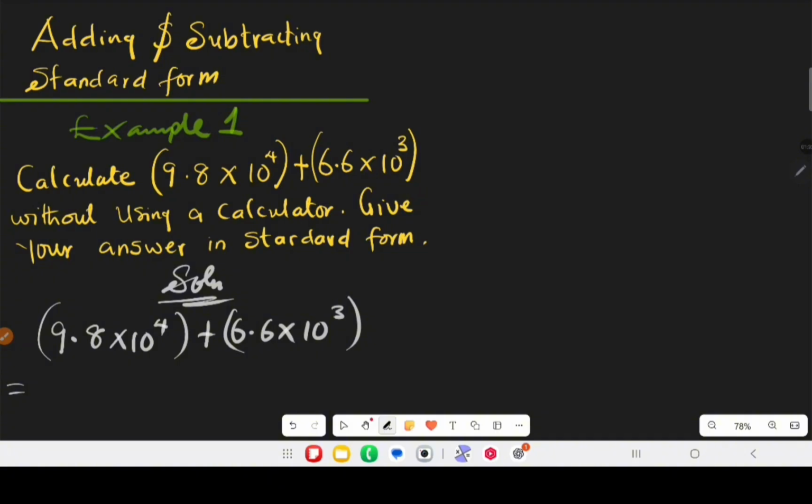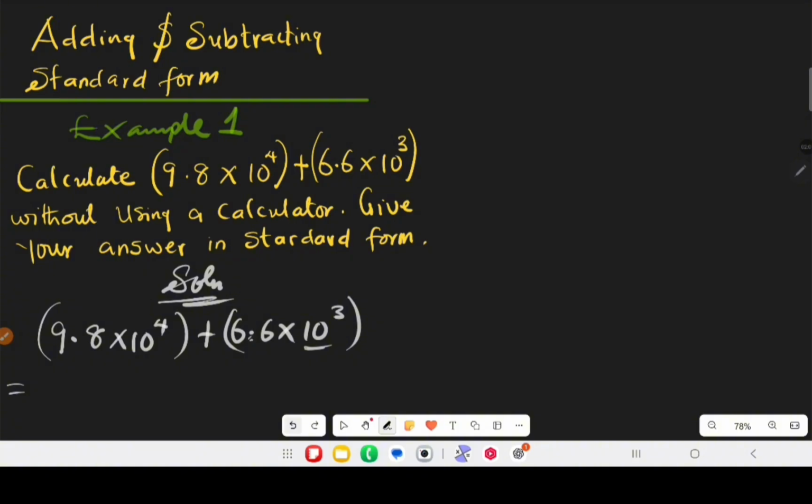To make the powers equal, we have to make one of the numbers a power of the other one. Either we reduce power 4 to 3 or we increase power 3 to 4. But I choose to increase power 3 to 4. To increase 10 raised to the power of 3 to 4, we have to move this decimal point here once from right to left.